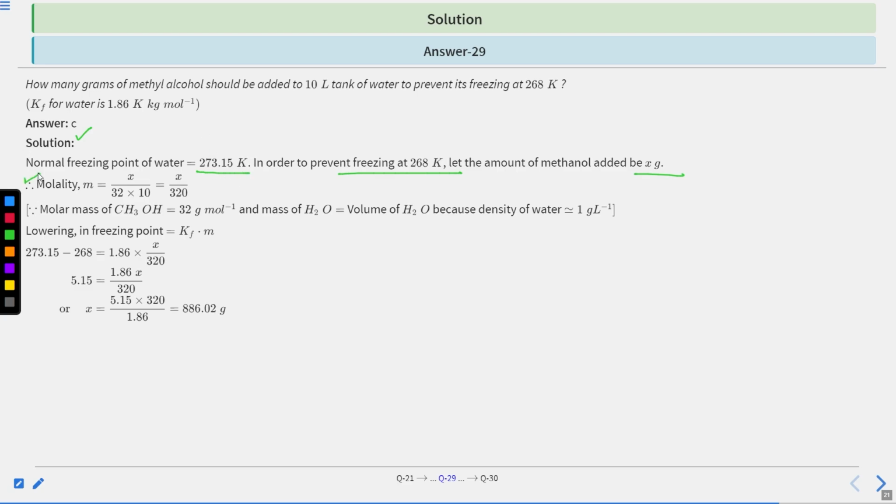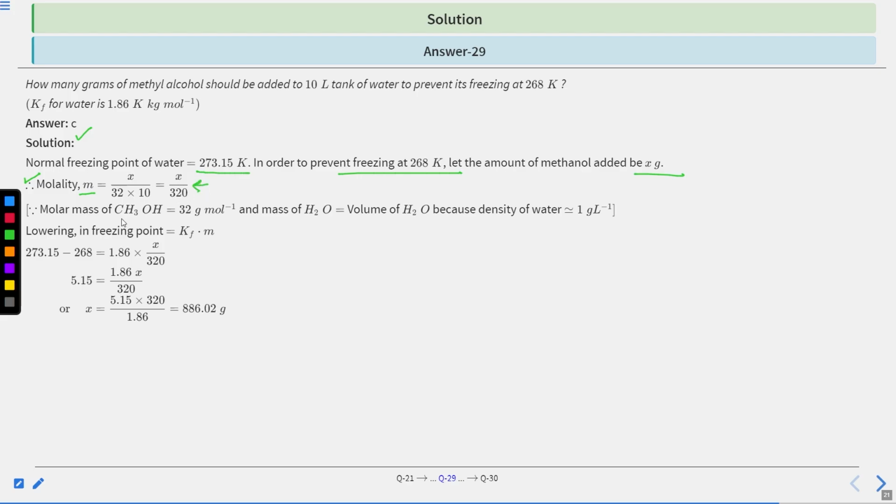Therefore, molality m is equal to X, the amount of methanol we have just assumed, upon 32 multiplied by 10. 32 is the methyl alcohol molar mass and 10 is the volume given in liters in the question. It is coming out as X upon 320.